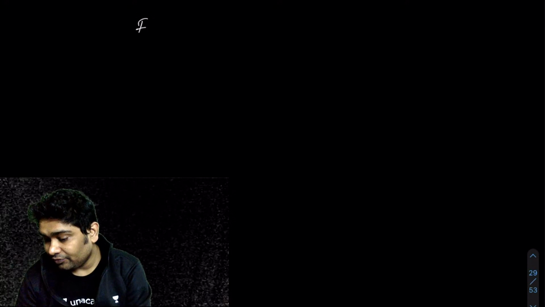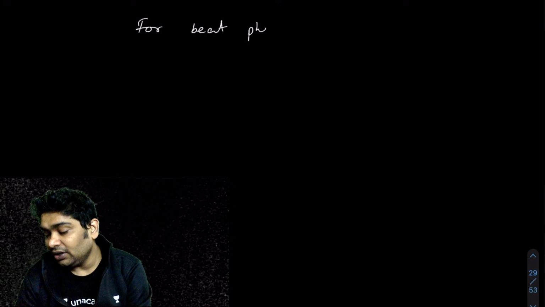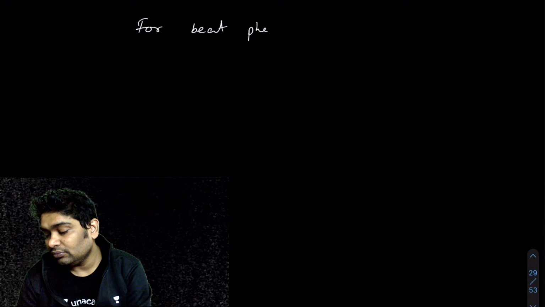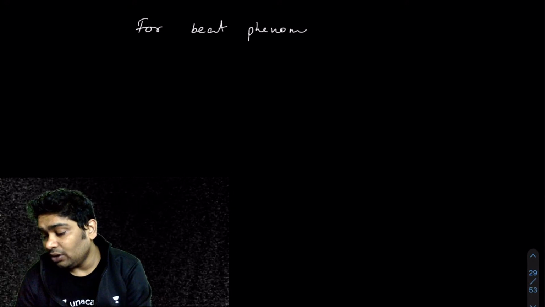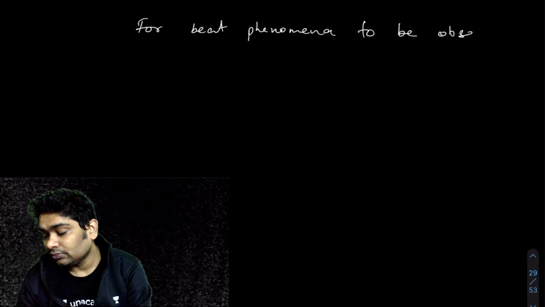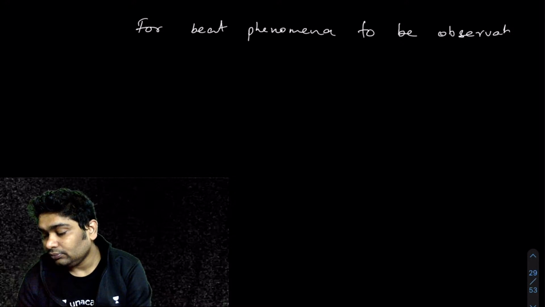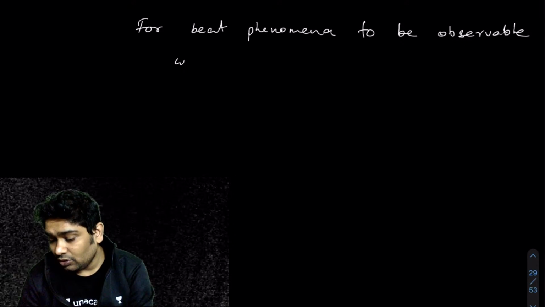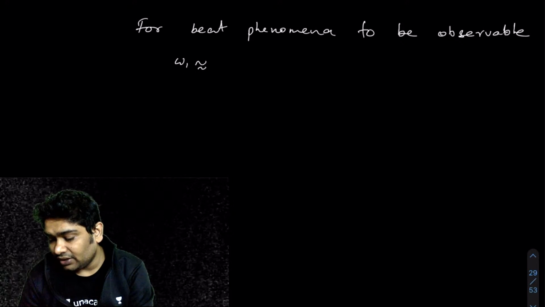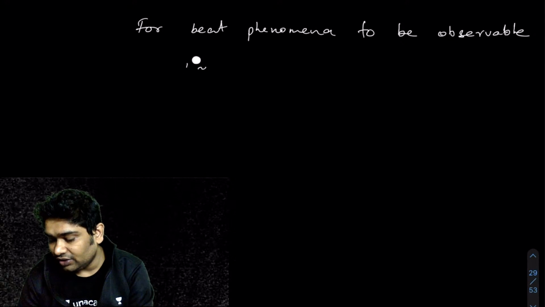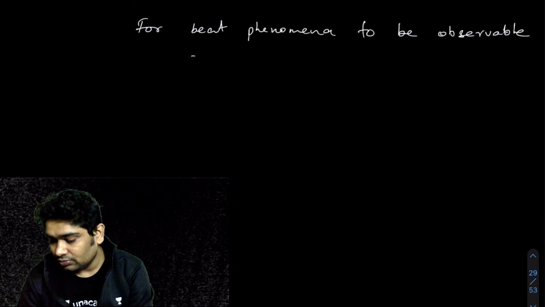What happens is, for beat phenomena to be observable, omega 1 should be close to omega 2, or rather I can say nu 1 should be close to nu 2.